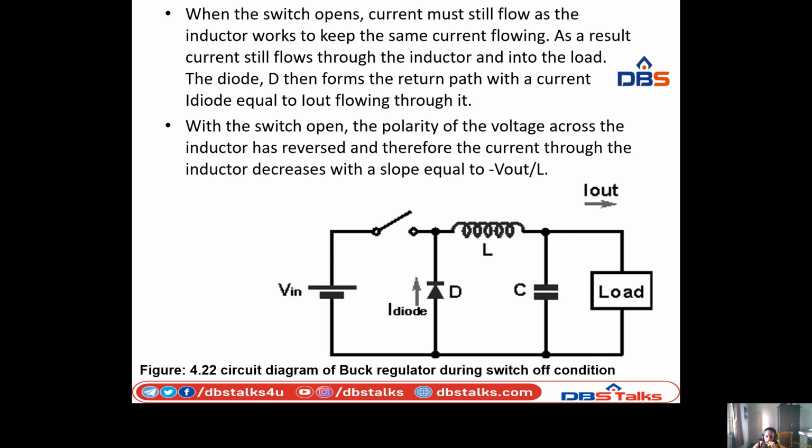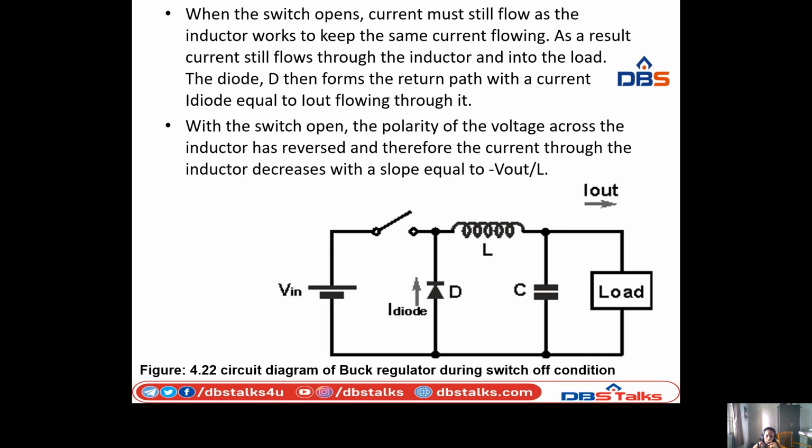Whenever the switch is in the off condition, that means the switch is open and no input current flows through the inductor, which has already stored energy. The polarities are reversed, so the diode comes into the conduction state and current flows from the inductor to the load and to the diode.